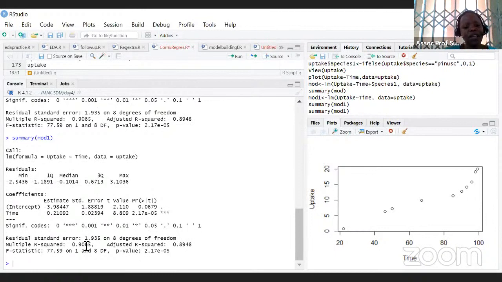Then you can go ahead now and test for the residuals using the plots that we've already talked about.